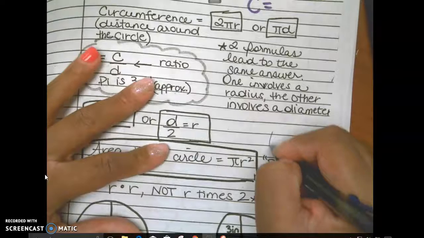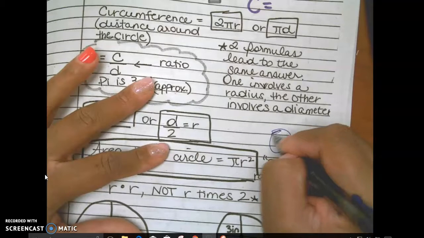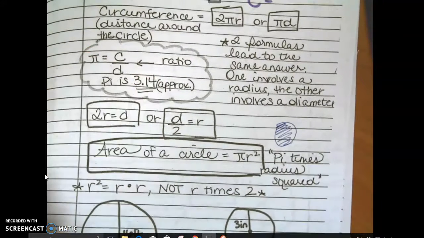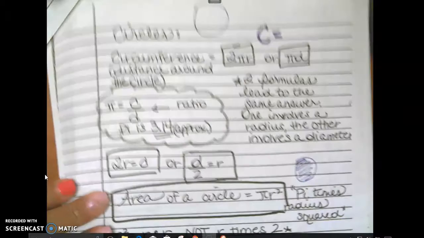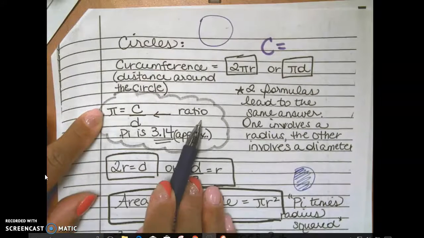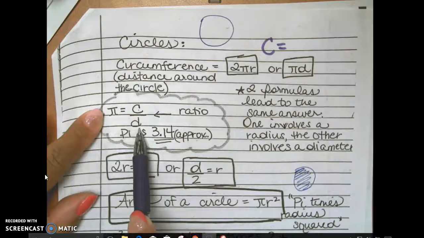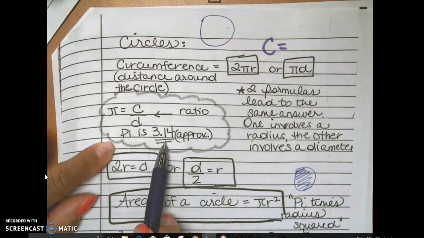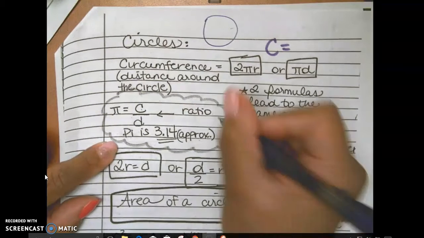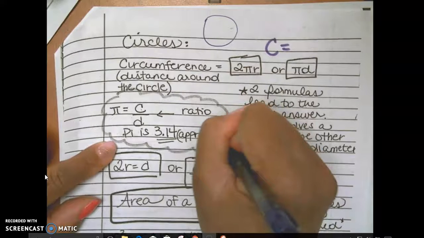Area is the area inside the circle. It's how much space it covers. Pi is the ratio of a circle's circumference to its diameter. We represent it as approximately 3.14. It can also be calculated as 22 divided by 7.